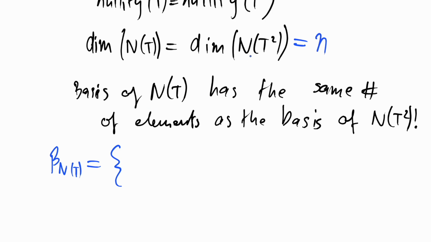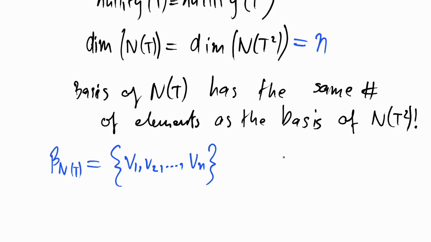We're dealing with finite dimensional vector spaces, so of course the null space's dimension would be a finite number. So let's say that they have n elements. The basis of NT and NT2 have n elements. So we have V1, V2, all the way up to Vn.